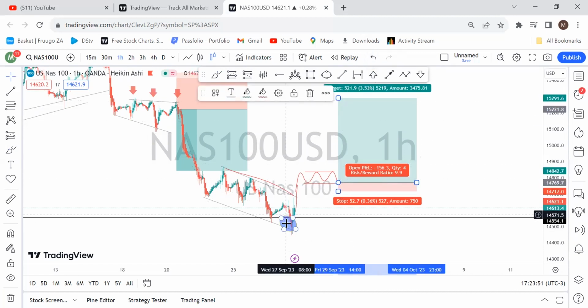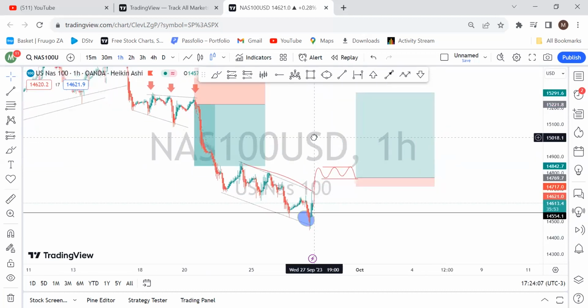So you could wait for this formation to complete, an impulse from the low, breaking this resistance, followed by a correction, which is going to continue to the upside. So this is basically what's happening with NASDAQ.